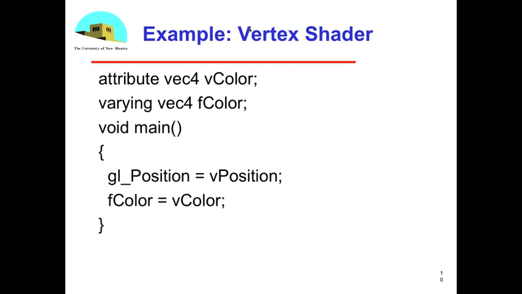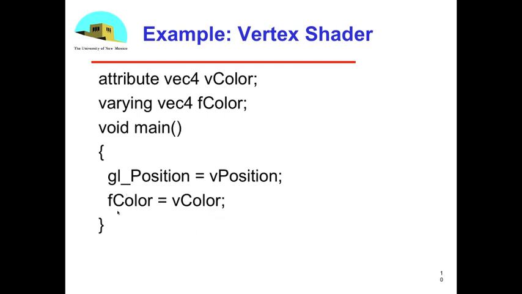Just as the position is copied over by setting gl_Position to vPosition, the fragment color is being set equal to the attribute vColor. Now that is going to be interpolated, so when fColor gets over to the fragment shader, the fragment shader is going to see the interpolated value.